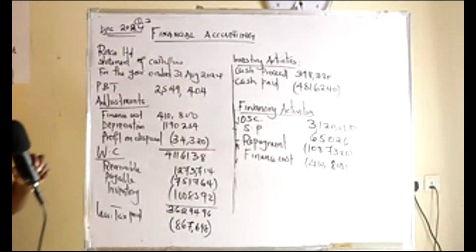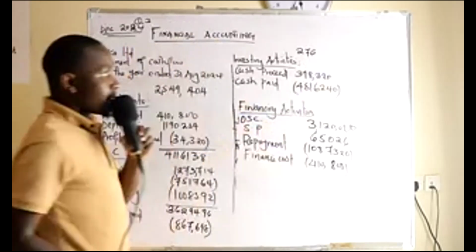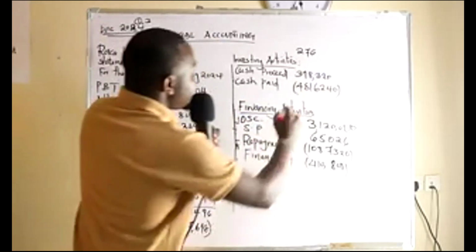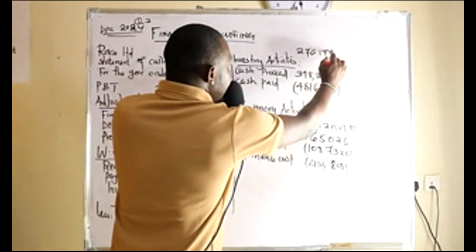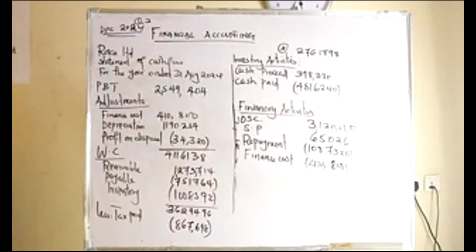I'm getting 2,761,798, and that one we call A. So it is the cash flow from operating activities.